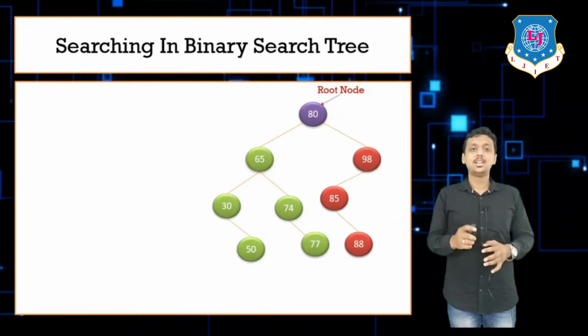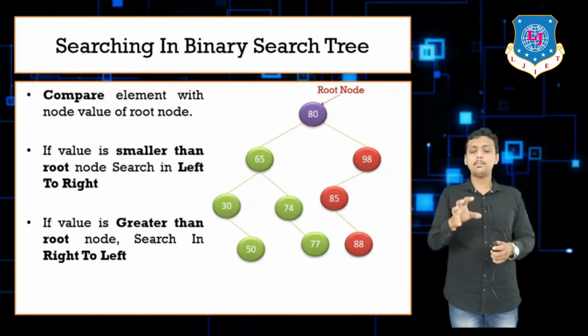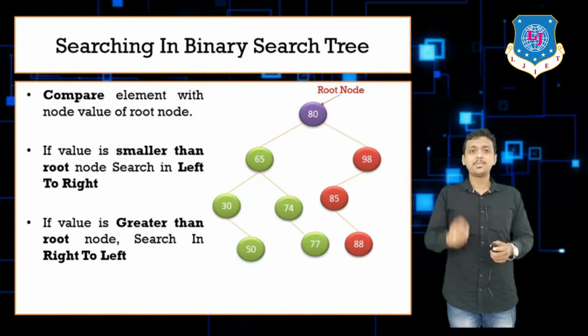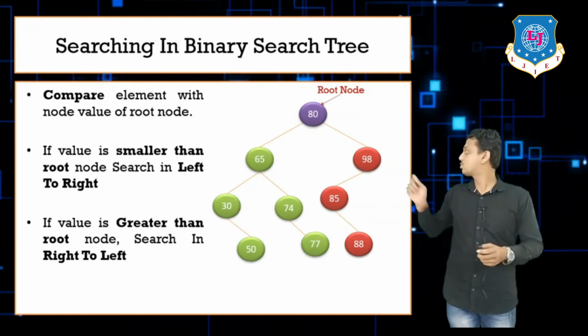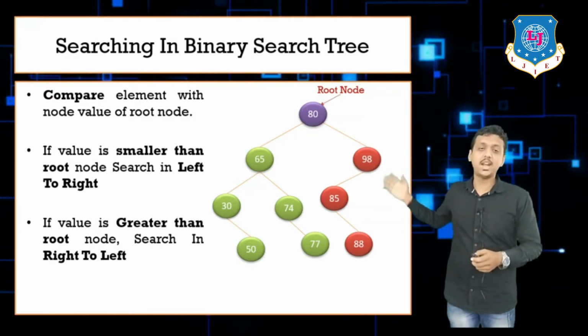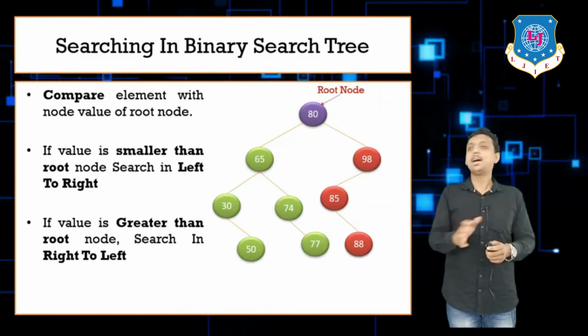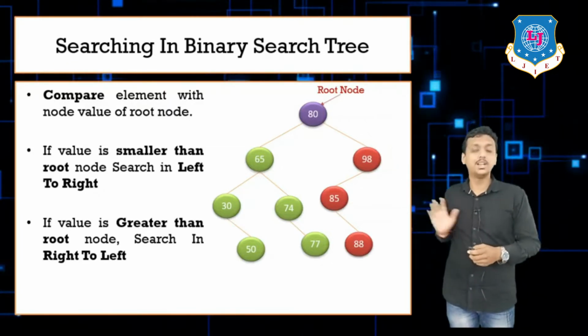Okay, how? Let's see. First, you just need to compare your key value. Okay, students, what do we mean by the key? Key is the value that we need to search in our tree. Fine. And the key value is compared with each and every node value.